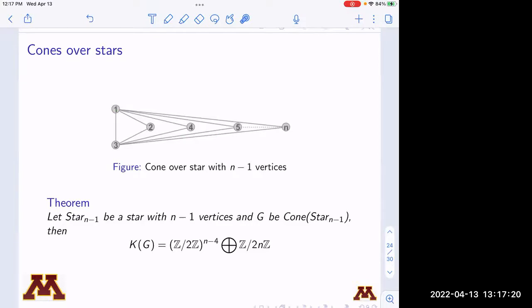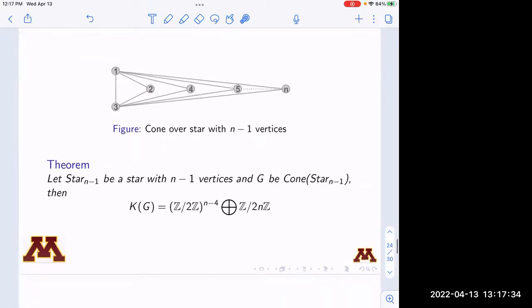If we add our cone vertex, we see here that we have 2 vertices that are adjacent to every other vertex in our star. So if we have a star on n-1 vertices, and our graph is the cone over that star, then our Sandpile group is Z mod 2n to the n-4, direct sum Z mod 2nZ.